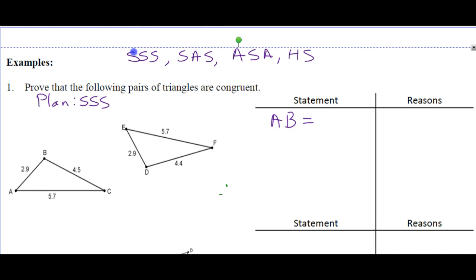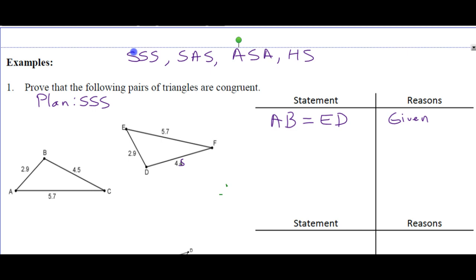All right, change that to 4.5. So you have to take it in the proper order. AB is going from the 5.7 to the 4.5. So 5.7, that's ED. So AB is equal to ED, and the reason is given. It's on the diagram.